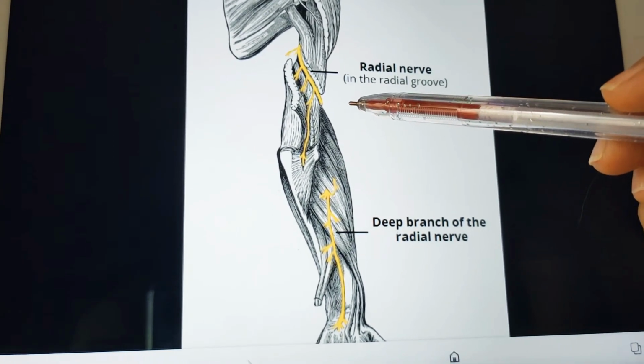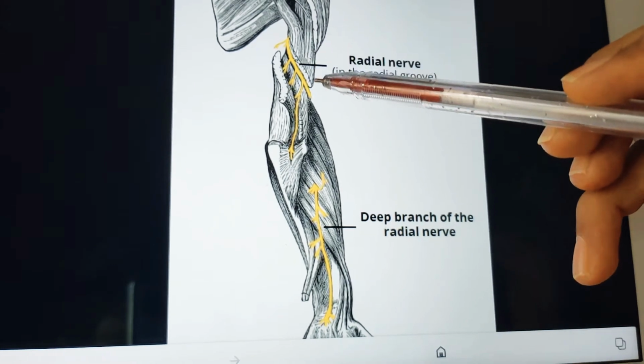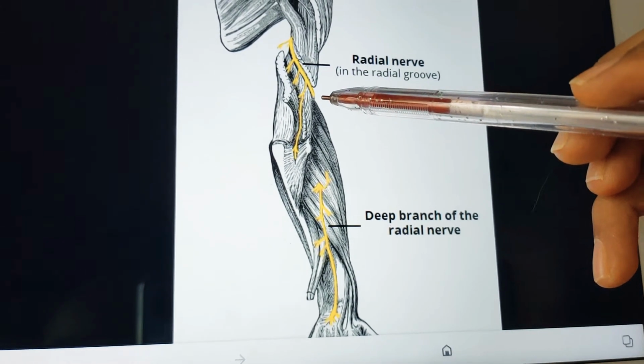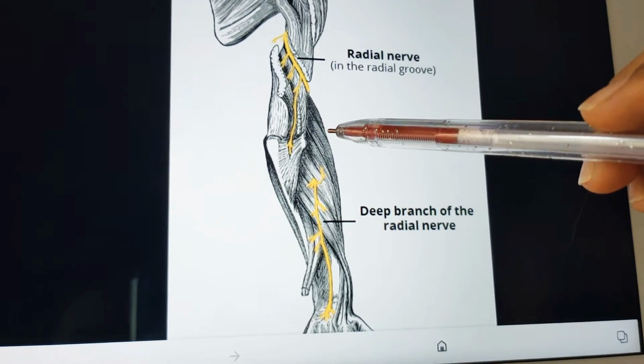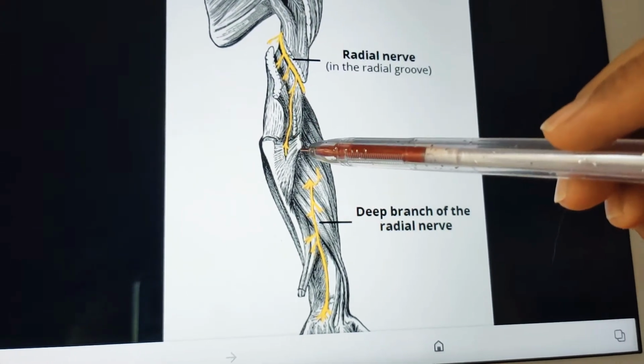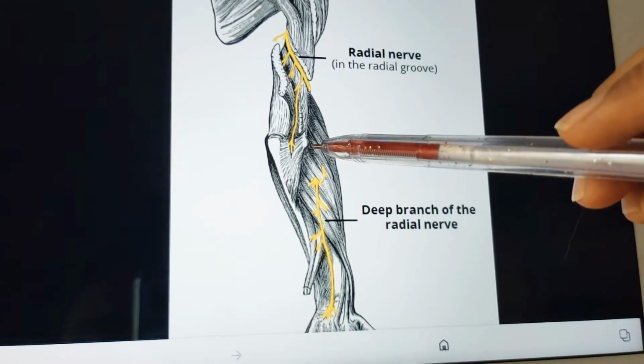Five centimeter below the deltoid tuberosity, here will be the deltoid tuberosity, it pierces the lateral intermuscular septum to enter the anterior compartment of the arm on the lateral aspect.